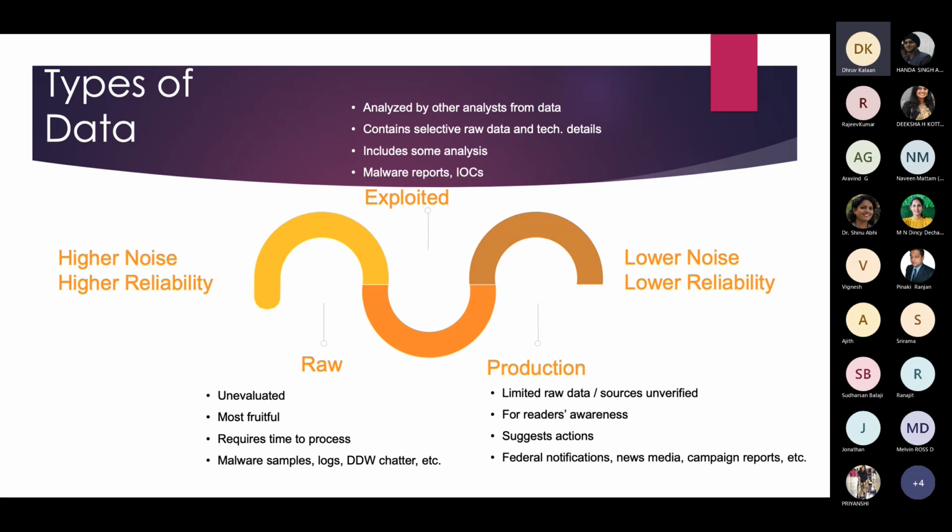It can be anyone dumping information here. But we say that the reliability of this data is the maximum, and the reason is that this data is untouched. It doesn't have anybody's view or purview on it. Nobody has looked at this data before, and it is free from any kind of bias.